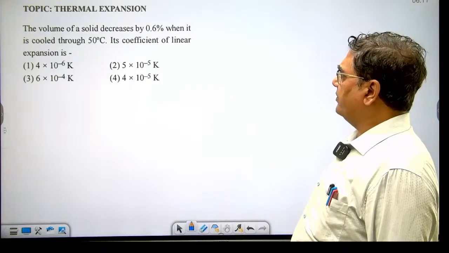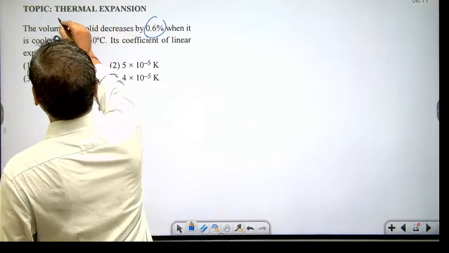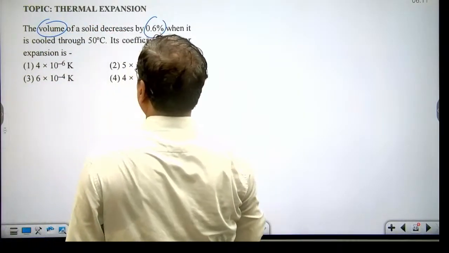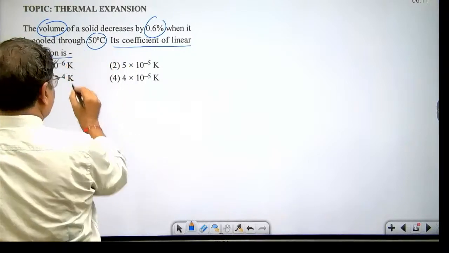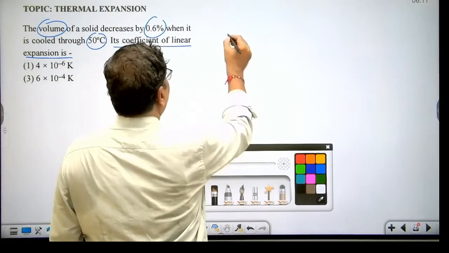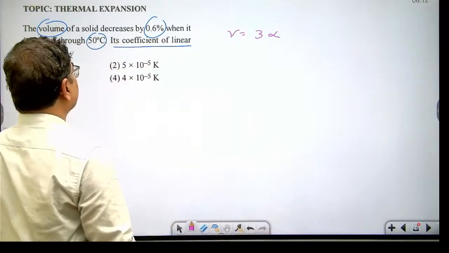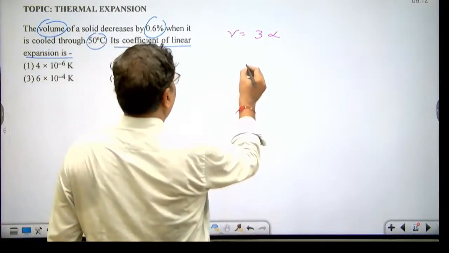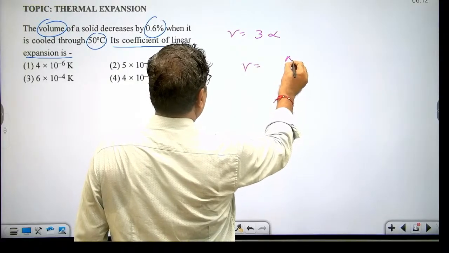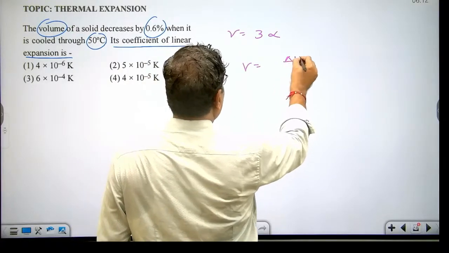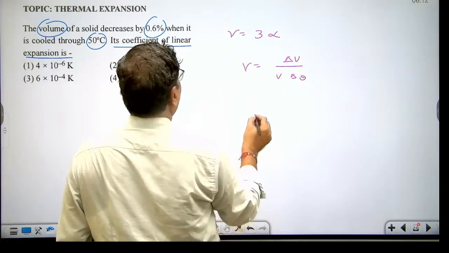The volume of a solid decreases by 0.6% when it is cooled through 50 degrees centigrade. Its coefficient of linear expansion is, dear student, we know gamma, the coefficient of volume expansion, is 3 times the coefficient of linear thermal expansion. Gamma can be written as change in volume per unit change in temperature.